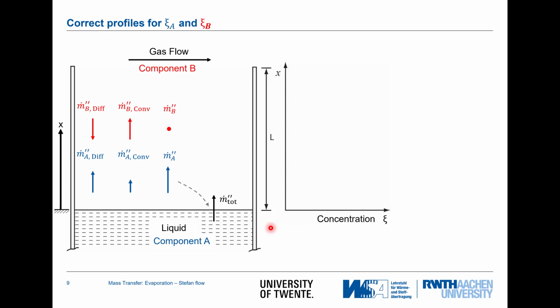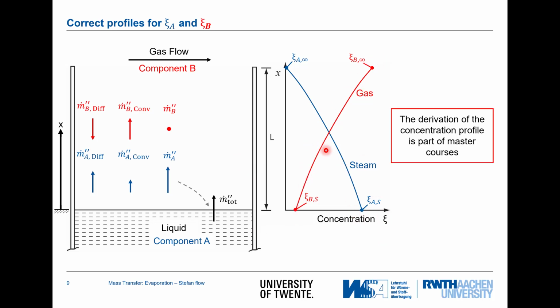The correct profiles are curved, and this curvature comes by the velocity that is establishing, and this means that we have a curvature like that and that, but this is not part of this course. That will be done in a master course. However, this master course at this point in time is available in German only. That's WSU2.